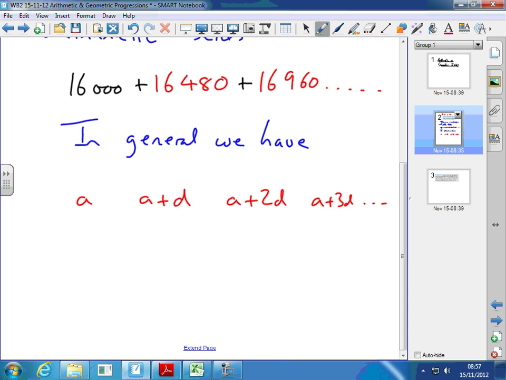And if we wanted to add them together, then we'd have a series. So A plus, plus, plus. If we put a bracket around those, you can see the terms. Where A is the first term, and D is the difference.